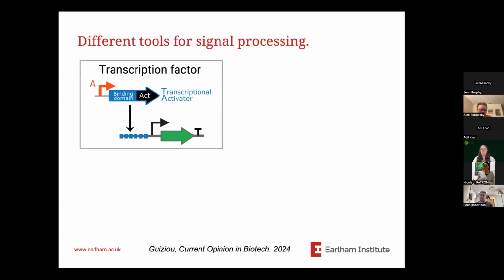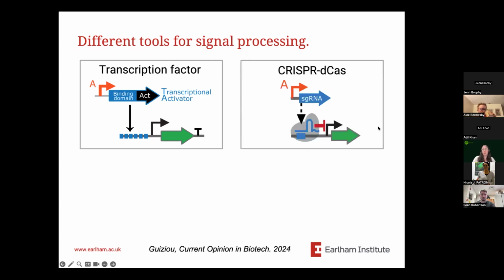It's not an exhaustive list, it's just some examples of the ones that are quite highly used, but there are a lot of other ones that have been developed or could be developed. The first one is using transcription factors, which could be transcription activators or repressors. The second one is using CRISPR-Cas9, where you produce some sgRNA, which could lead to repression or activation of the output gene.